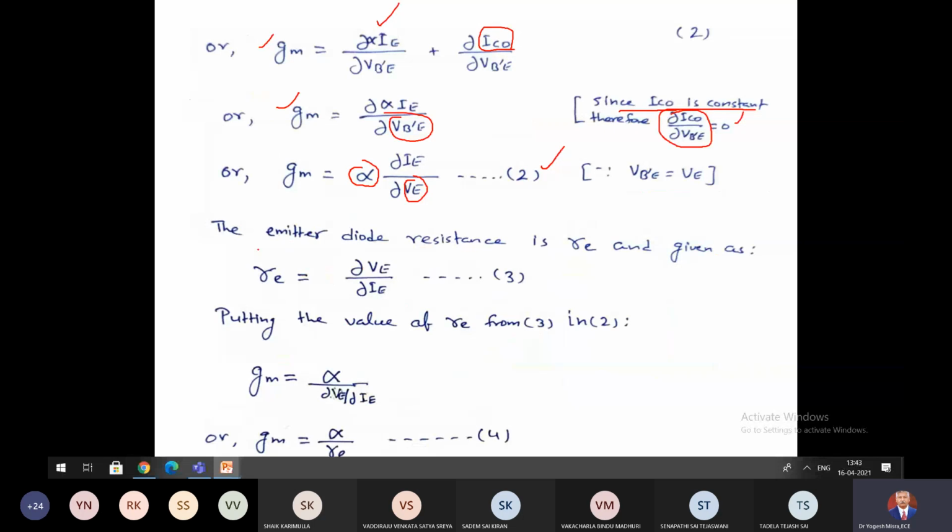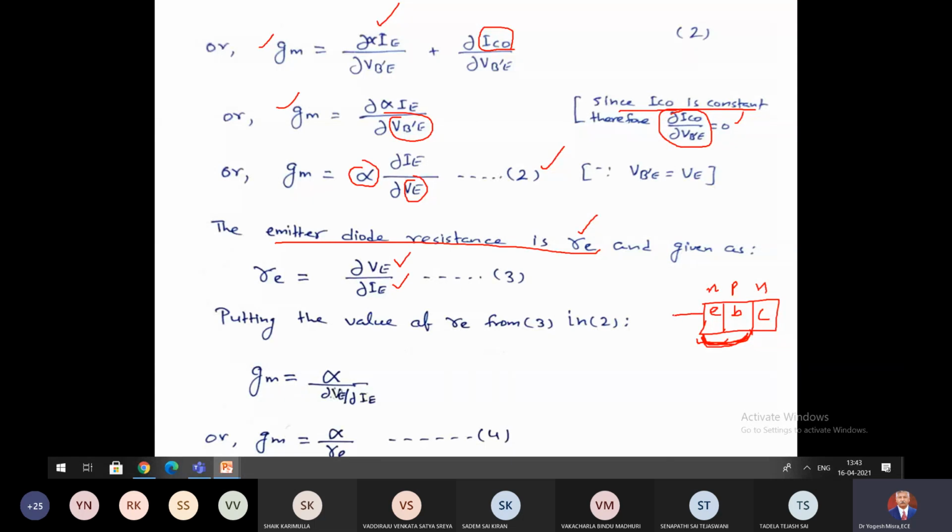Now the emitter diode resistance is represented by RE. Emitter diode. See, in NPN transistor, emitter, base, collector, now you see between emitter and base, one diode is formed here, right? So the resistance of this emitter diode is RE, and it is given by del VE by del IE, right?